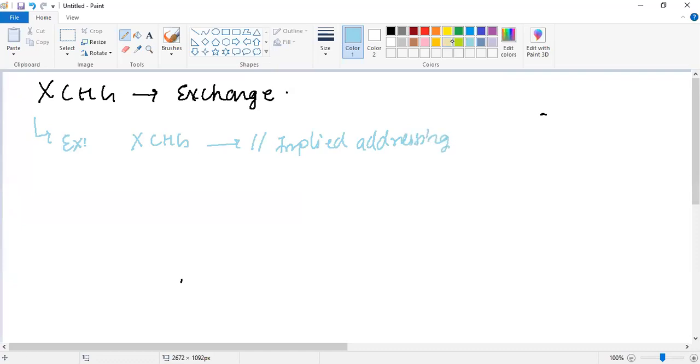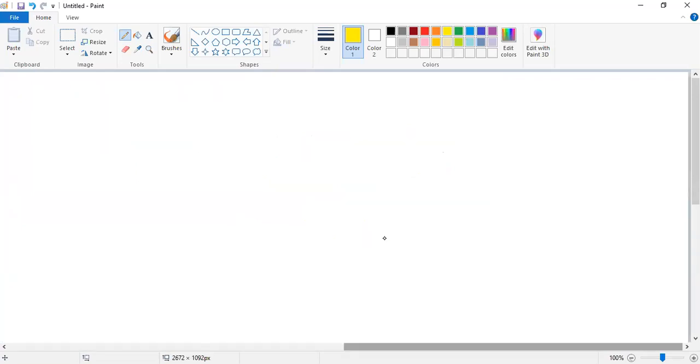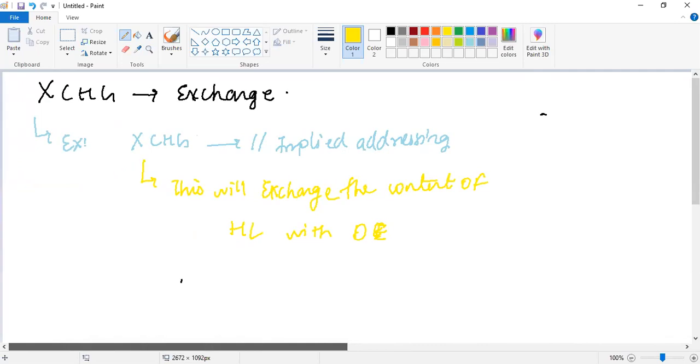So what will this instruction do? This will exchange the content of HL with DE. Let's take an example and then it will be easy for you.